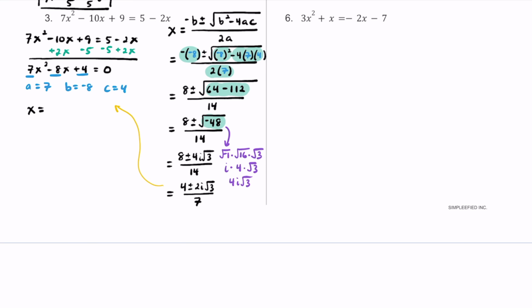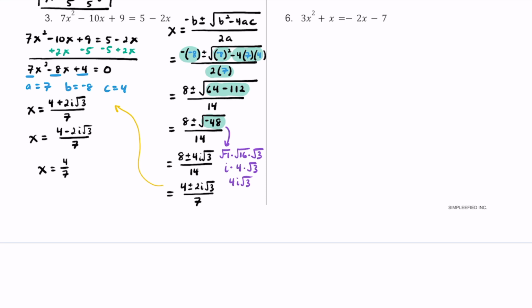Okay, so taking this and writing these two separate solutions out, we can go ahead and write, we have x is equal to 4 plus this 2i root 3 over 7. And then we can write x is equal to 4 minus 2i root 3 over 7 as well. Okay, now going even a little further, if we write this in standard form, we can go ahead and break this into two different fractions, right? And we can write x is equal to 4/7, right?